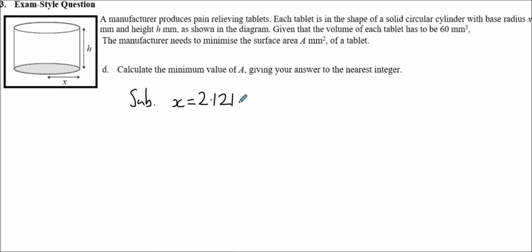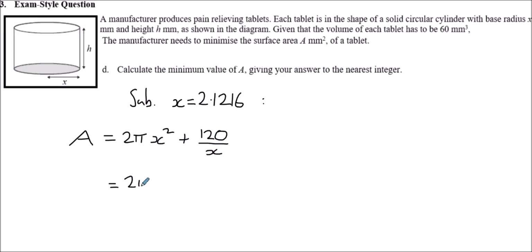2.1216. Now it does say here we're going to round this off to the nearest integer anyway, but it's not a bad habit to get into to get our answers to more accuracy until we round off finally. So the minimum value of A, well, the expression for A, if we just remind ourselves, A, the surface area, is 2 pi x squared plus 120 over x.